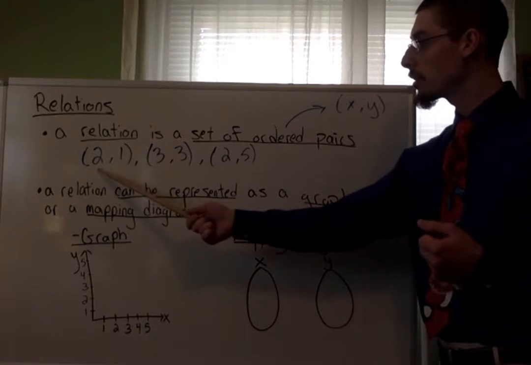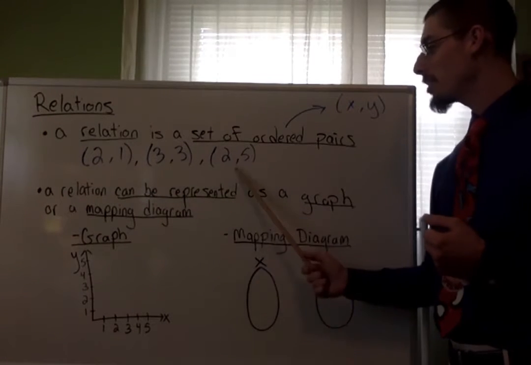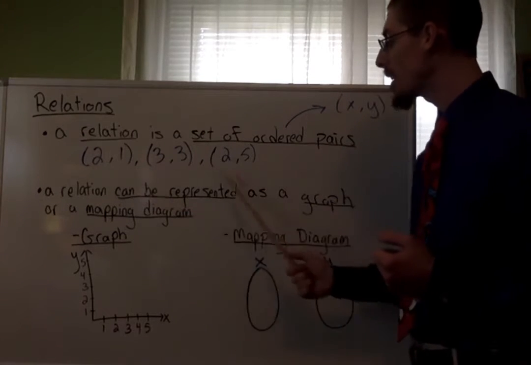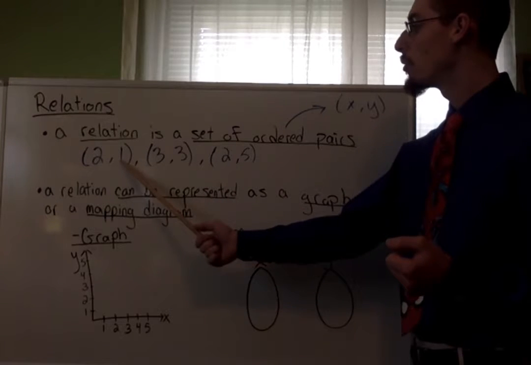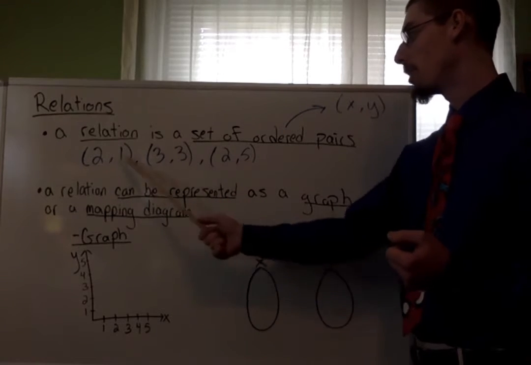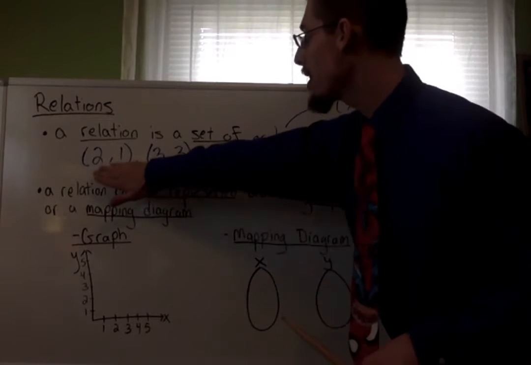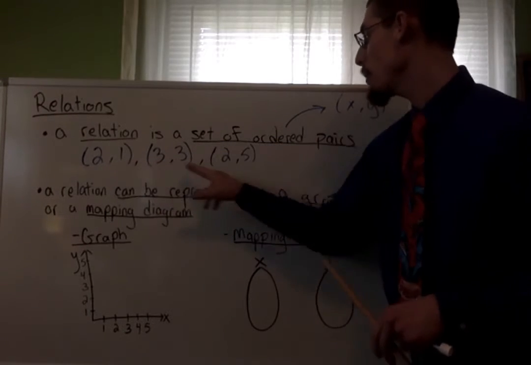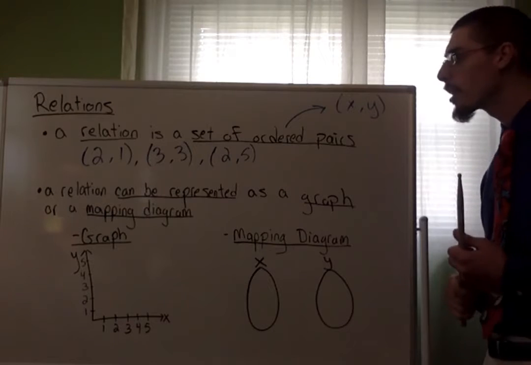Now you might notice 2 relates to 1 and 2 relates to 5. That's something we'll be talking about in a later lesson, because sometimes this will mess things up. Having the same input number related to a different output. For now, all you have to know is that this is what a relation looks like, right? It's just 3 points, 3 ordered pairs.